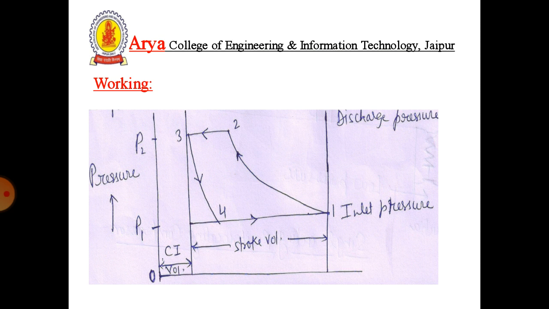At point 4, the expansion is complete and the intake valve opens. This is indicated by the process 4 to 1 in the PV diagram. The cylinder is filled with gas at intake line pressure P1. When the piston reaches point 1, the cycle is complete and starts to repeat.